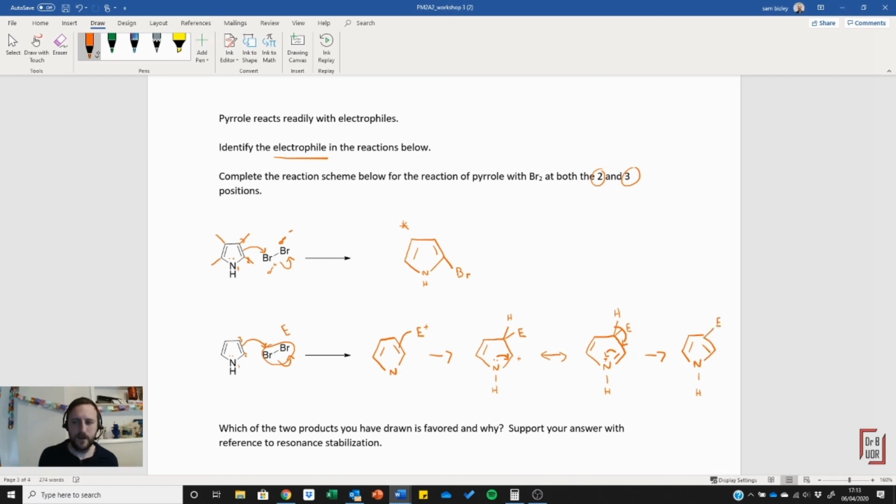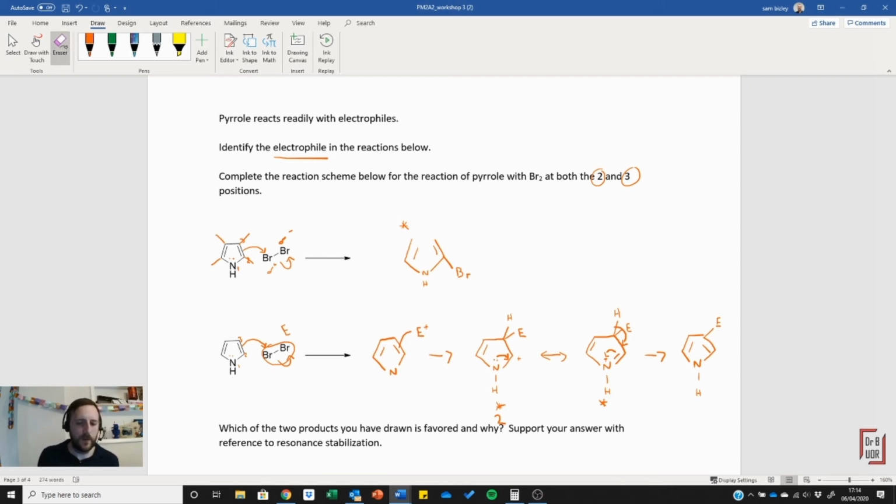Okay, that's all stabilized now, and so we've gone through those different resonance structures to get from point A to point B. So these two in the middle are actually our resonance structures, this one here and this one here. So it's got two resonance structures to try and stabilize the charge within the molecule when this end product is forming.